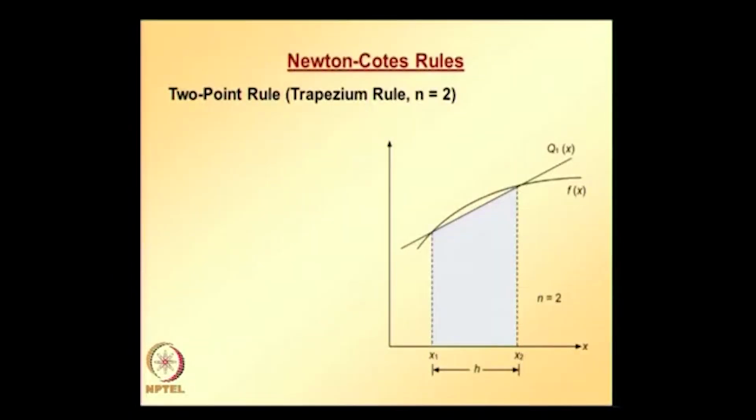So, now let us look at 2-point rule or trapezium rule, where the function is going to be evaluated at 2 points. So, n is equal to 2. Here in the figure, function f(x) is shown.